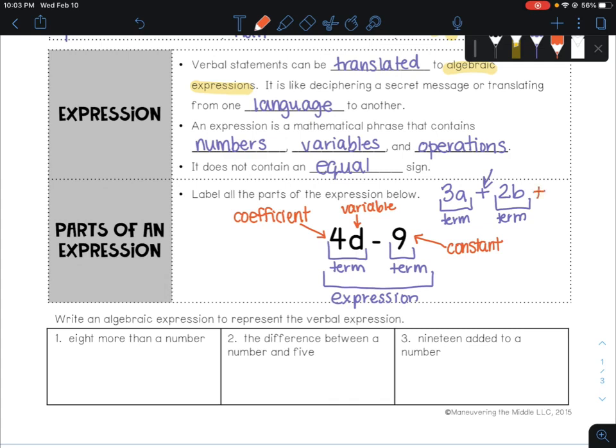So 9, or over here I could add on another one, I could say 7. That is a term, but it's the constant term because it's just a number. It's constantly 7. It's not ever going to change. We're not multiplying it by anything. It's just 7. All right? So last up, we have variable. We have numbers. We labeled them. We just have to label the operations. There's one right here. And then there's that secret one that we don't ever write the symbol for in between the 4 and the D, and that is multiplication.